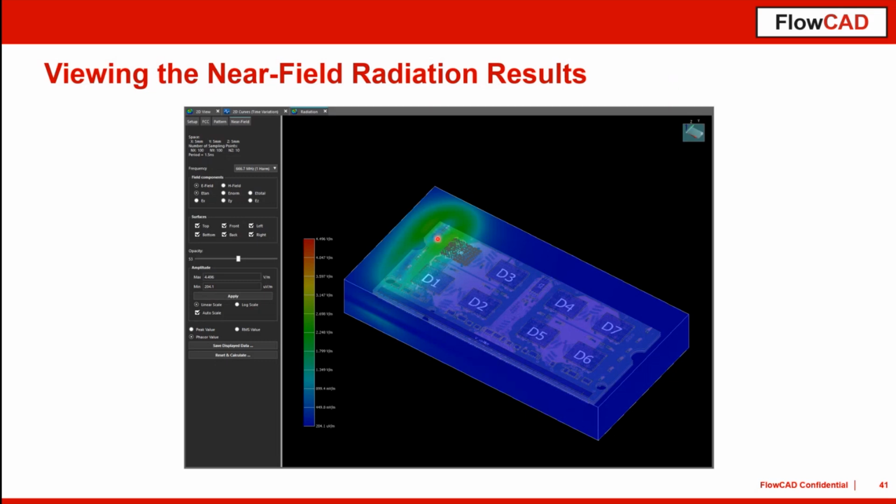Or you may find some hotspots in the near field radiation result, so that you can improve your signal routing to minimize such EMI effects. I think it is a very interesting and useful way to visualize such effects.